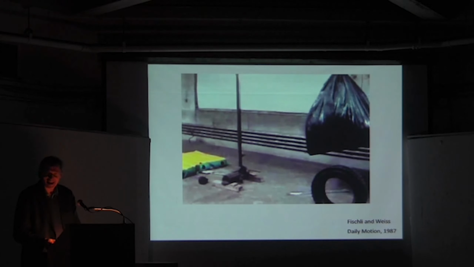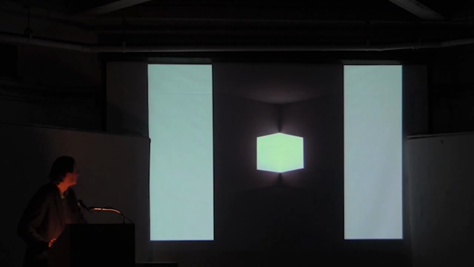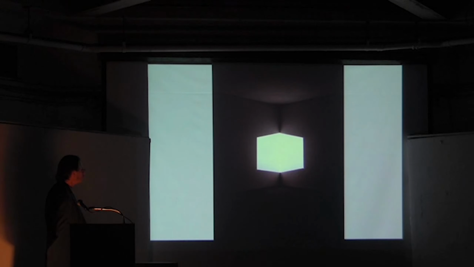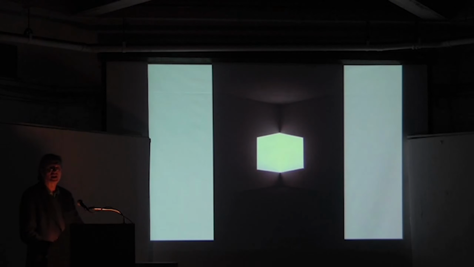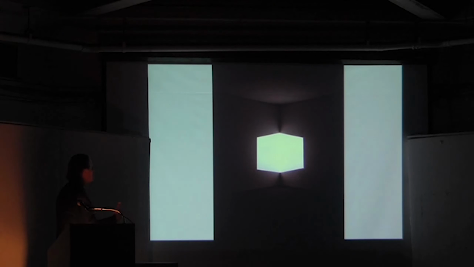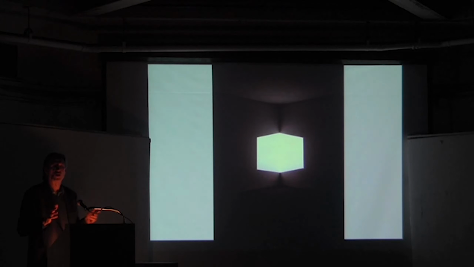Okay, light is next. This is Afrum 1 by James Turrell. The date is around 1967. What he's done here is he's projected a flat plane of high intensity light into the corner of a room.